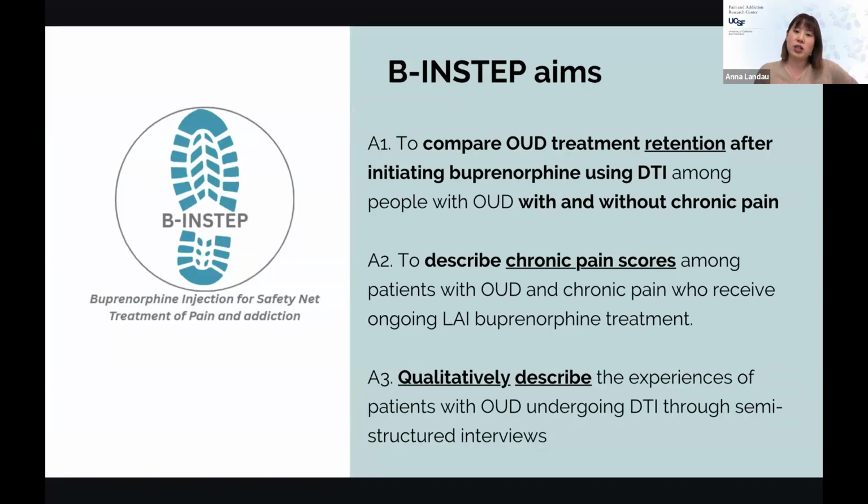And then we also wanted to look at their chronic pain scores among people with chronic pain and OUD to see, if they are receiving ongoing injectable buprenorphine treatment, do their pain scores actually improve over time? And then we also added qualitative interviews with patients with opioid use disorder, with or without chronic pain, who have recently undergone direct-to-inject to see what their experiences are and to capture that perspective because it has not yet been done.